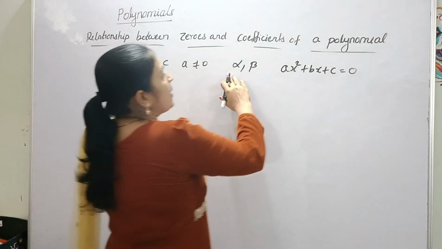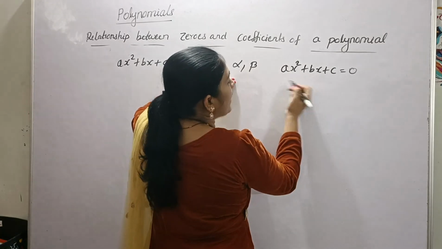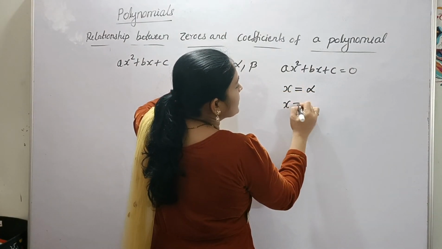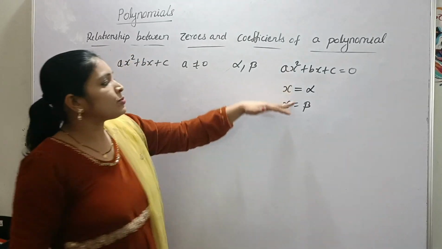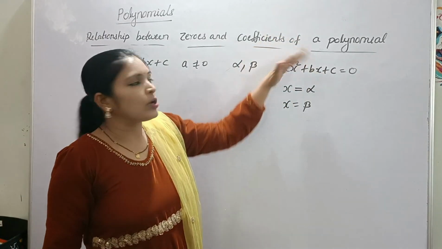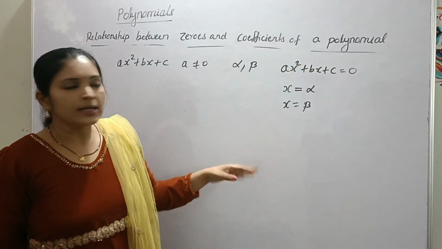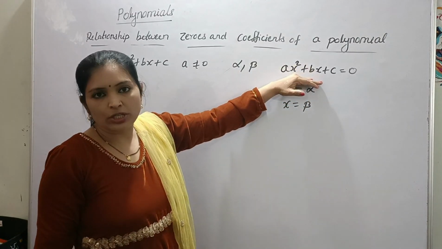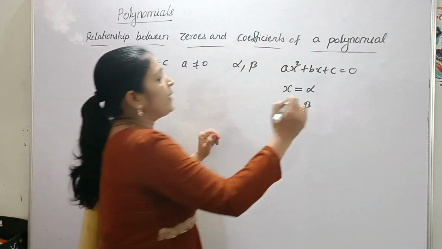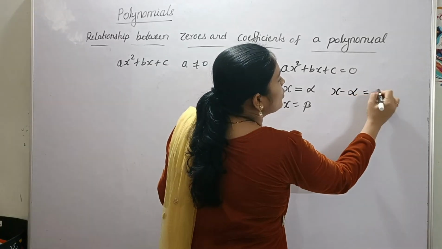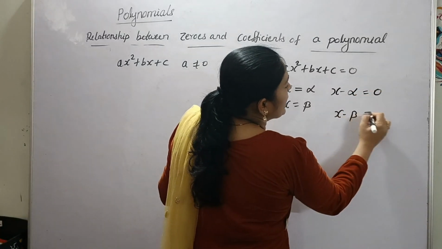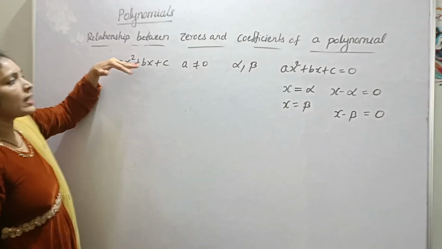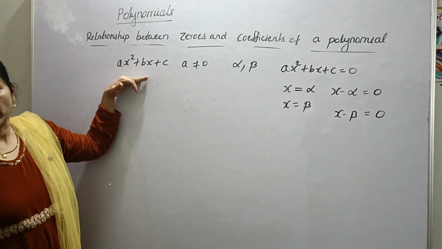That is, x is equal to alpha and x is equal to beta. If you substitute alpha and beta in this equation, you should get 0. So that implies x minus alpha is equal to 0 and x minus beta is equal to 0. That means x minus alpha and x minus beta are the factors of this polynomial.